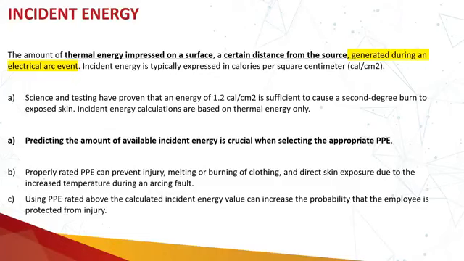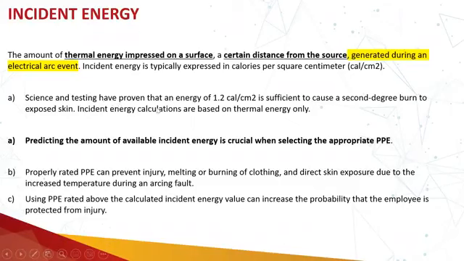For this particular reason, we have to be careful in the exam that 70E is not basically allowing our employees to be exposed to 1.2 cals per centimeter square. It is providing us this information that this is the level of incident energy at which a second-degree burn can occur, and in order to protect your employee, you should not expose your employee to 1.2 cals per centimeter square of incident energy.